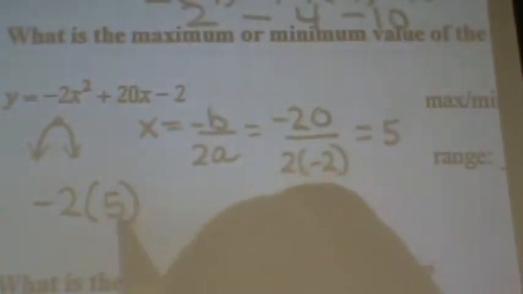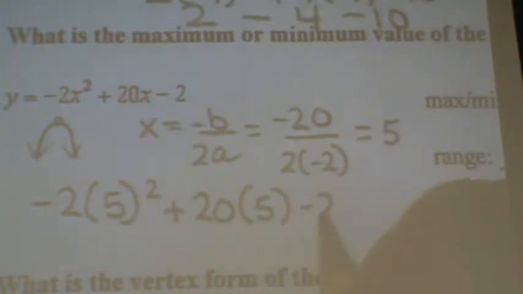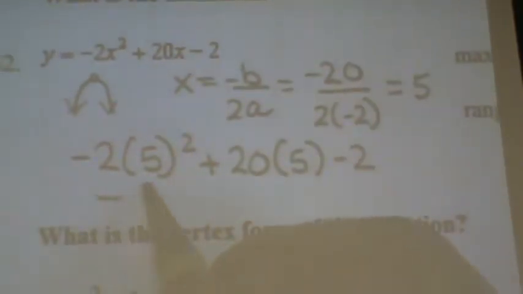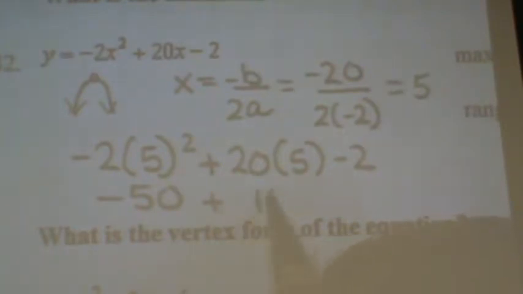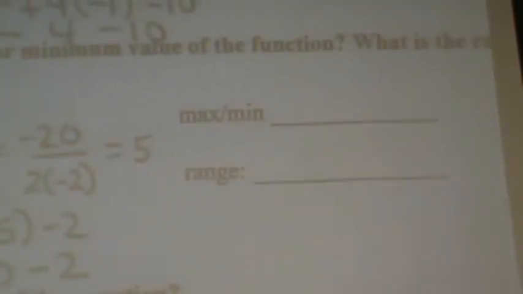Yep. So 5 what? We have to plug 5 in here. -2 times 5 squared plus 20 times 5 minus 2. So this is going to be -50, this is going to be 100. What did you get? 48.